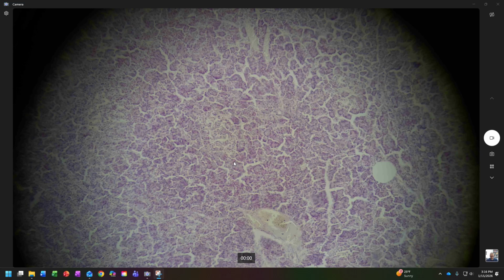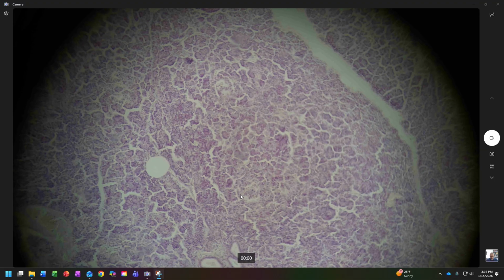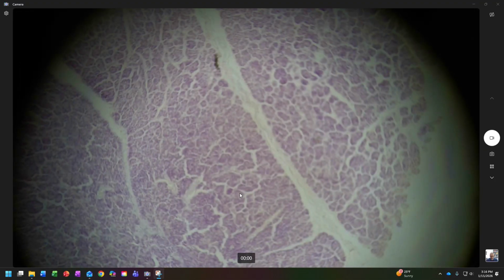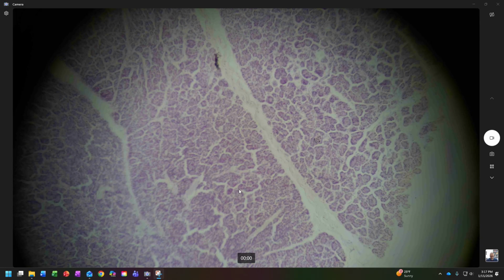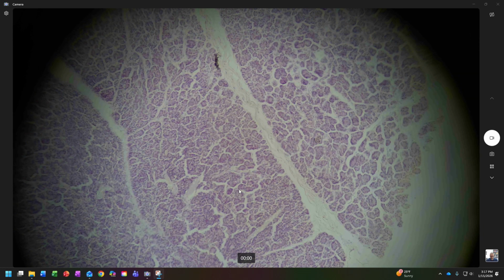We can see that these cells here have a little bit darker cytoplasm. These cells here have a little lighter cytoplasm. Maybe that's an islet there. Don't say it that way, but if it helps you spell it, I-S-L-E-T, then that's okay. Just don't say it that way. I don't want you guys to get laughed at.